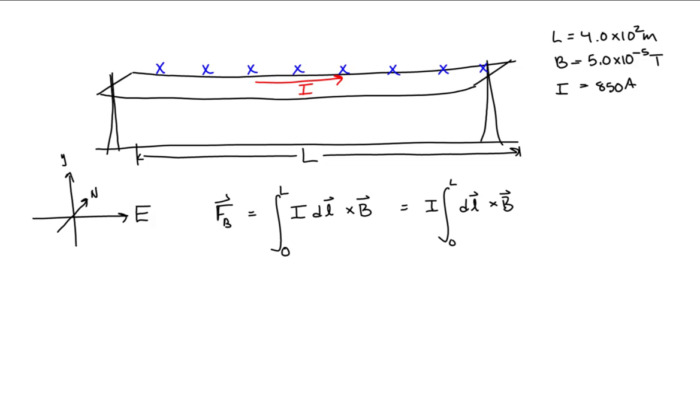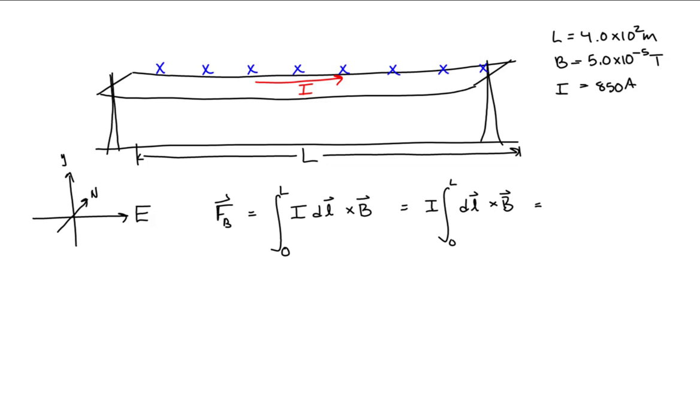Now, the magnetic field is also uniform. Because the magnetic field is uniform and we know both the direction of the current and the direction of the magnetic field, let's use the right-hand rule and the fact that we know the magnitude of the cross product to rewrite this integral.